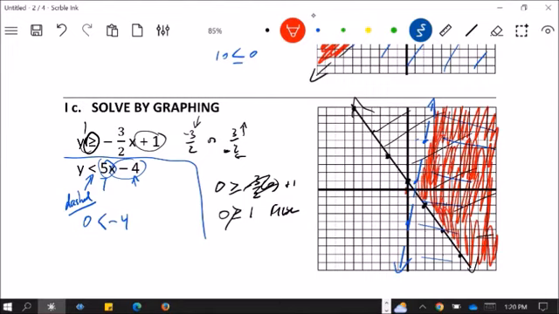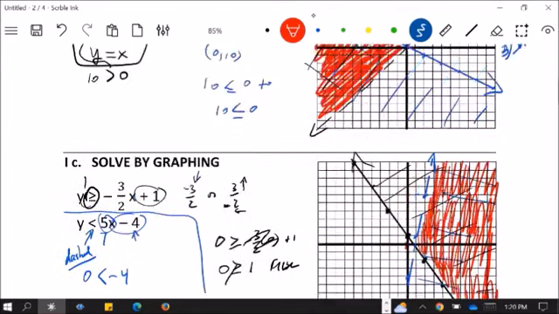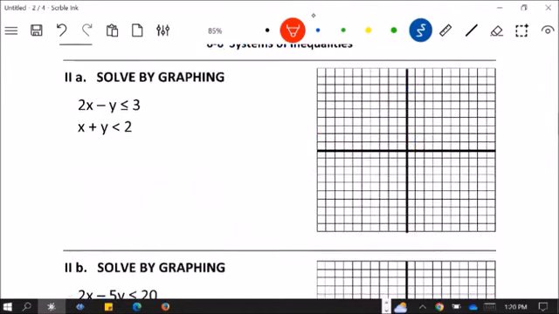Let's look now at some other examples. All of these were set up with y's. Here on these, we have to change. We can either change them through doing a table of values or through making an xy or making slope-intercept form.